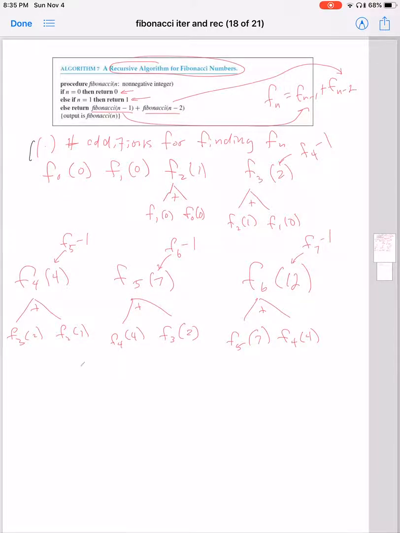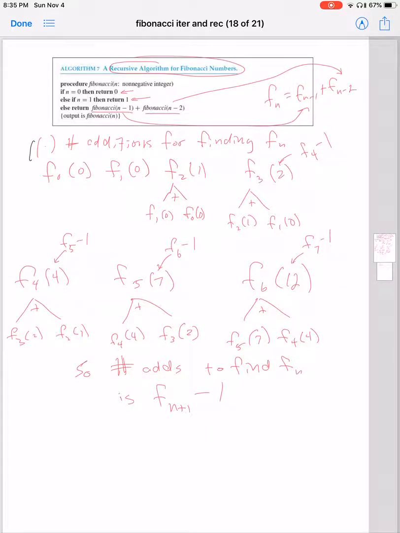So the number of additions to find Fibonacci n is Fibonacci n plus 1 minus 1. Now that's a conjecture. We can prove that by induction. I won't do that here.